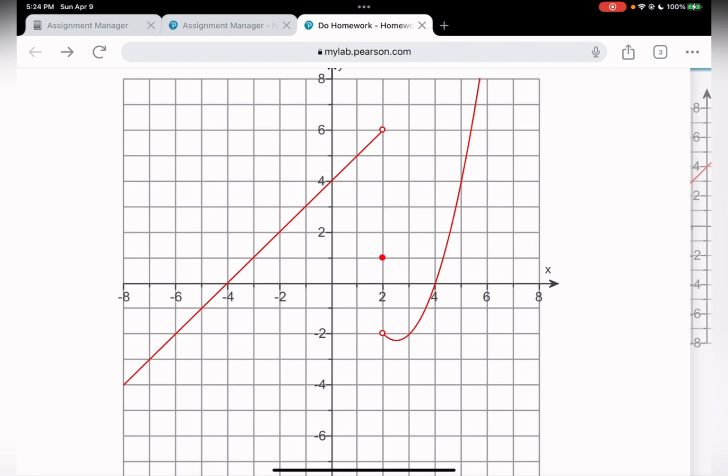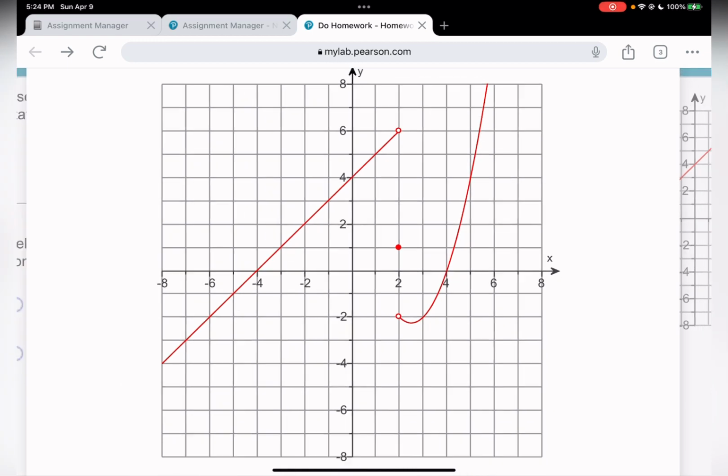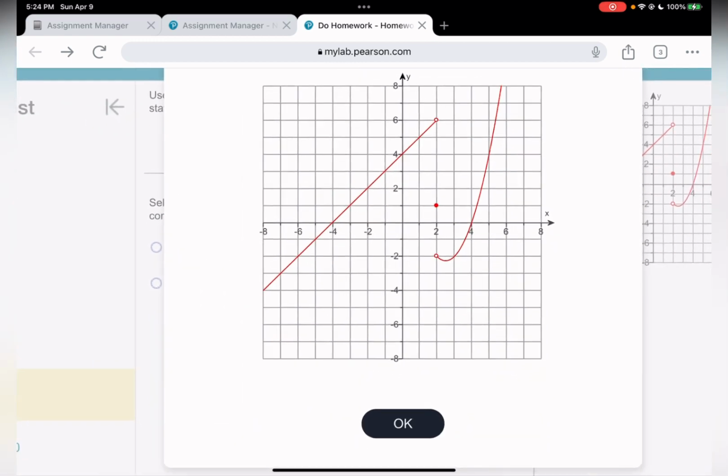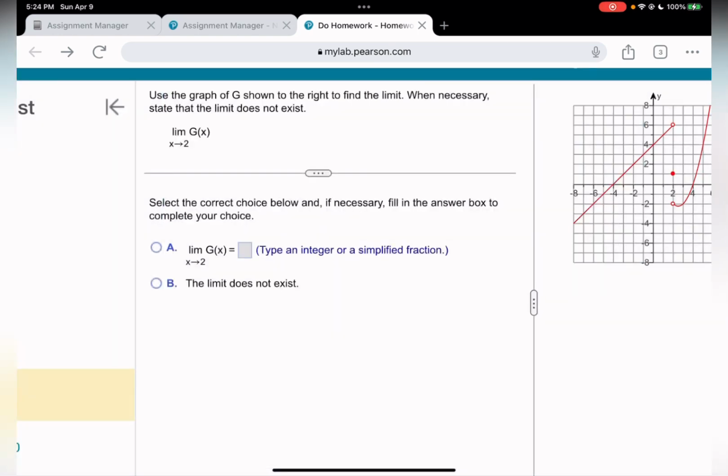And for the right graph, as we approach from the positive side, it's going to be the circle at negative 2. So shortly speaking, we have a mess. We have positive 6, we have positive 1, we have negative 2, which means it's very easy. There is no limit. Does not exist.